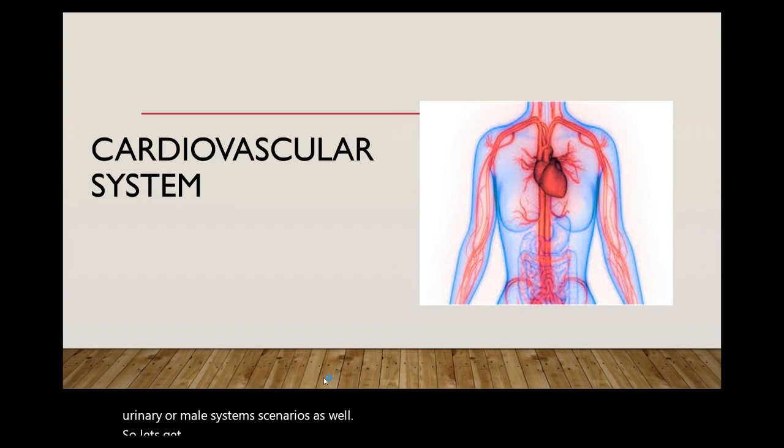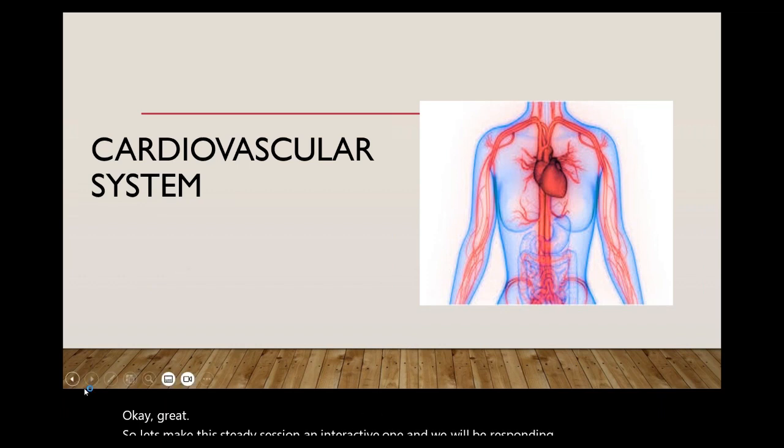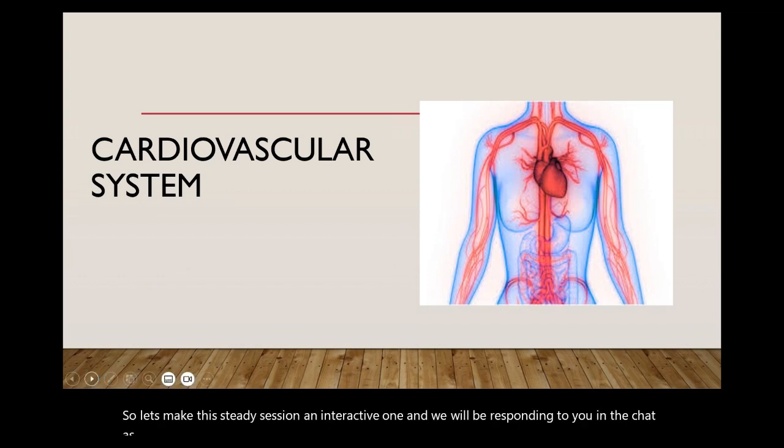Coders, are you ready for cardiovascular system scenarios? Let me know in the chat. Okay, great. Let's make this study session an interactive one, and we will be responding to you in the chat as well. If you have any questions, please put them in the chat and we'll address them.